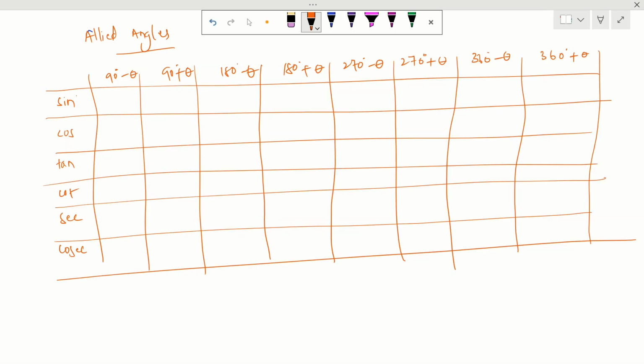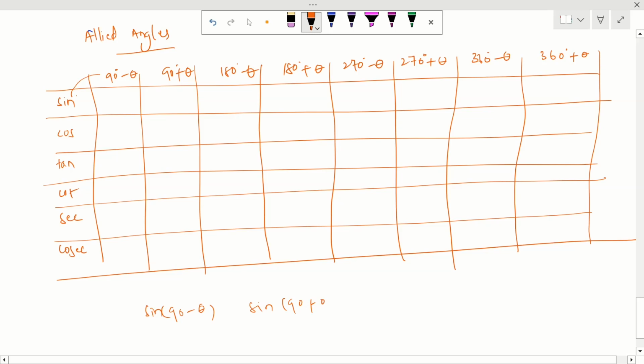I am writing the value of sine of 90 minus theta, sine of 90 plus theta, sine of 180 minus theta. Sine of 90 minus theta becomes sine theta only.